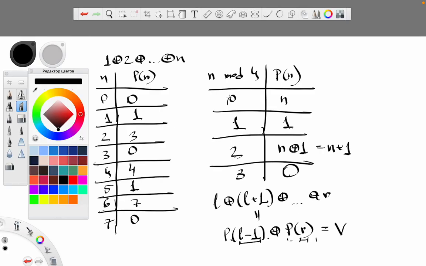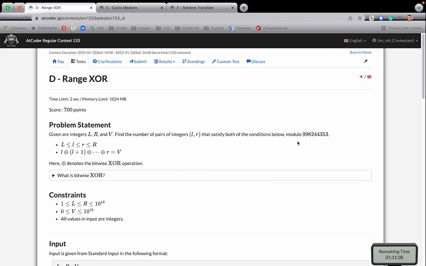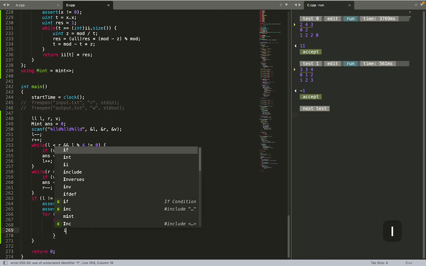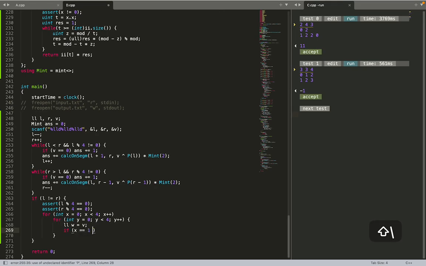If it's 0, then it's just n. So if it's 0 or 2, then we have to XOR n. And if it's 1 or 2, we have to also XOR by 1. So if x is 1 or x is 2, then XOR equal 1. The same for y.